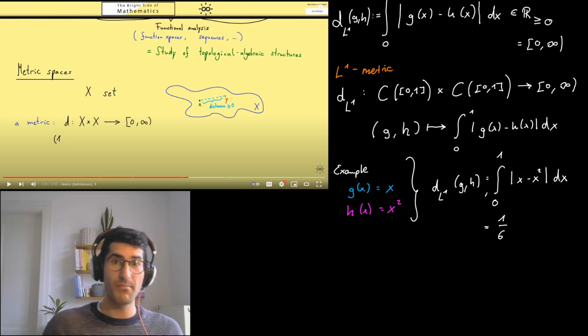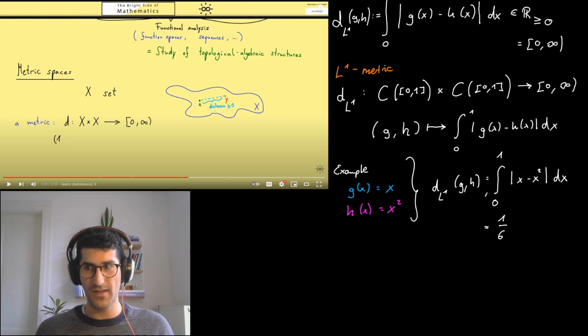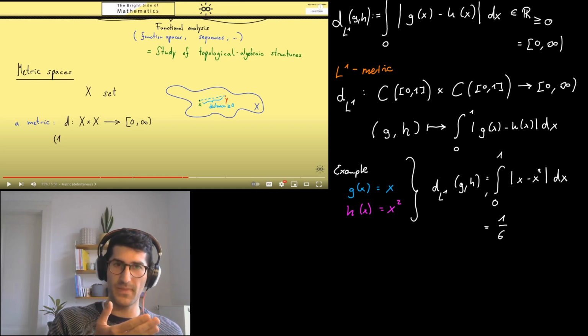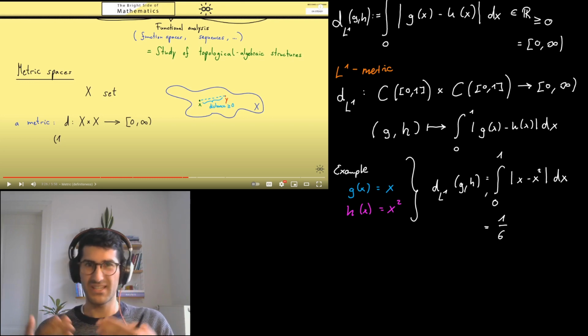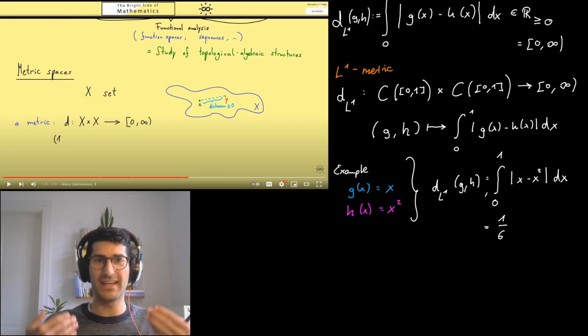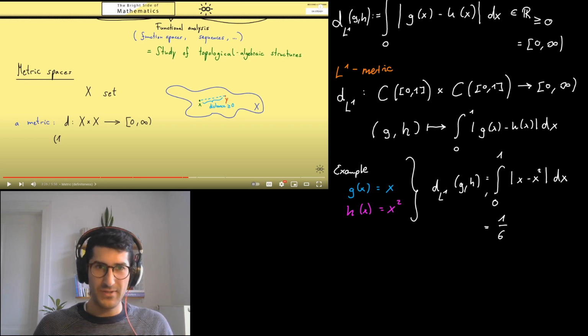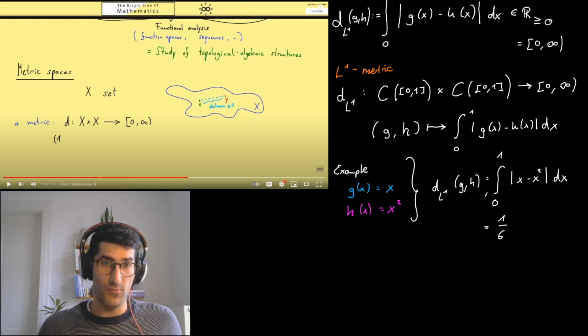So there may be a metric that is better suited to solve one problem than another. But here we are just taking an academic example for you to get a feel for how we can define a first notion of distance on a space of functions.